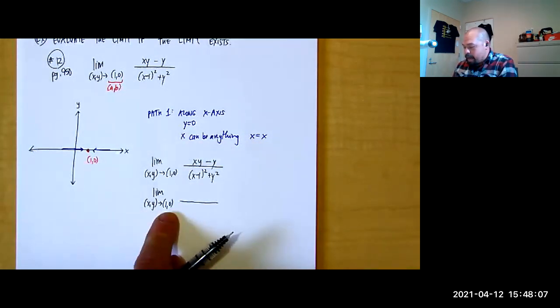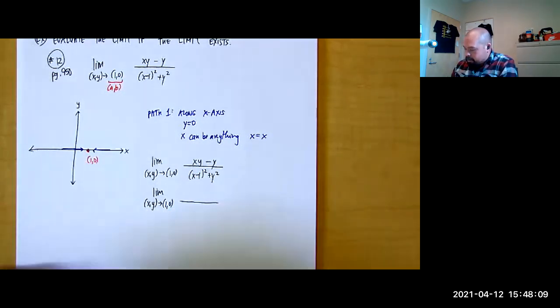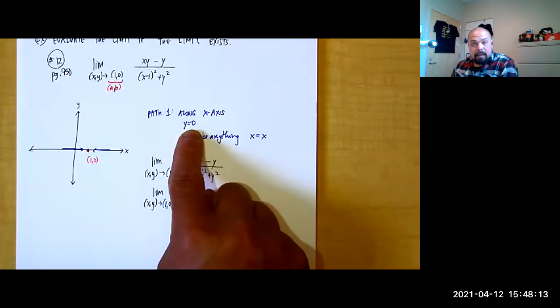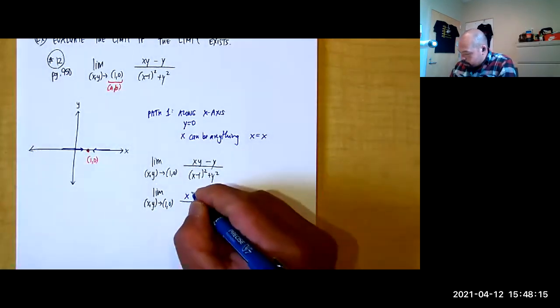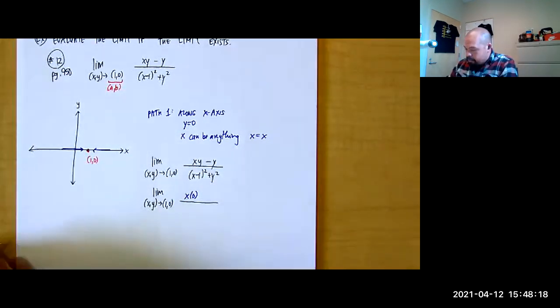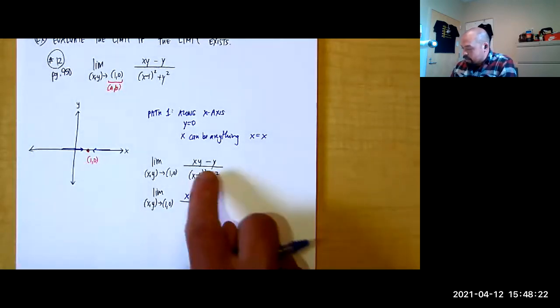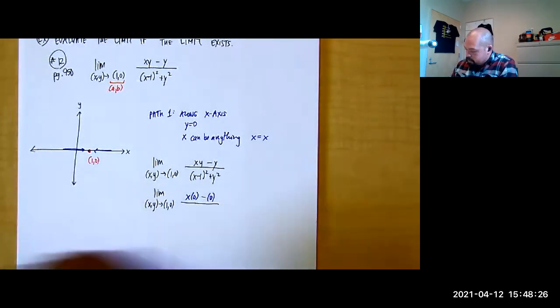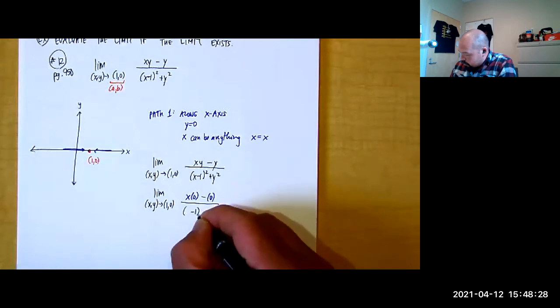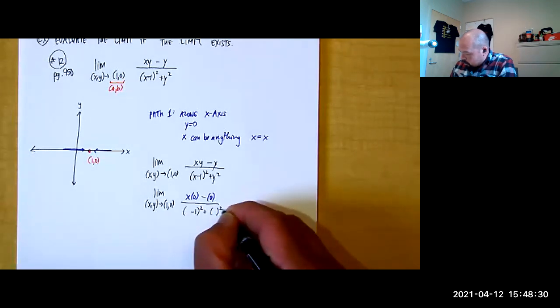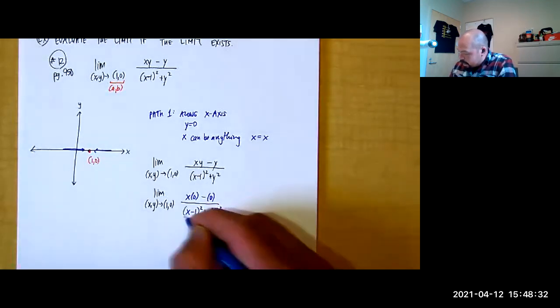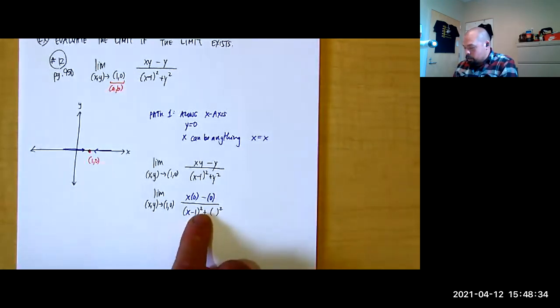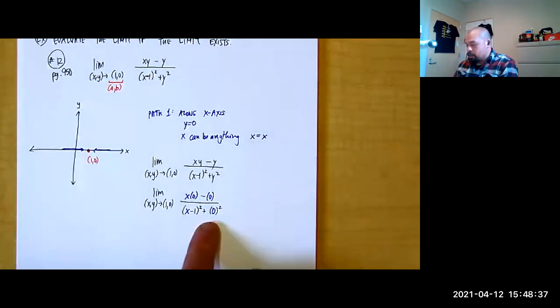Along this path, x was equal to x, but y was 0. So wherever I see that y, I'm placing the 0. The x's can stay the same. x is still x, minus 1 quantity squared, but the y is 0.